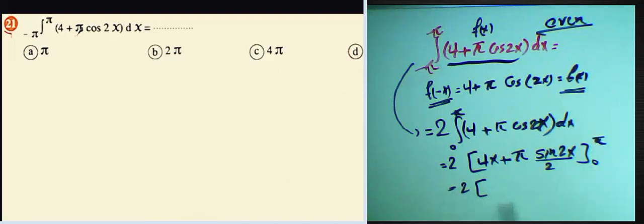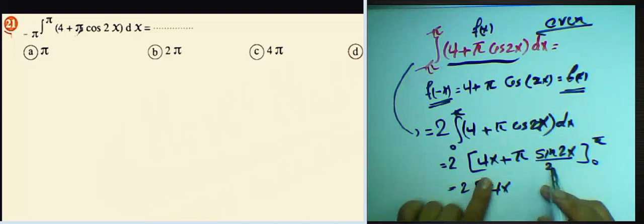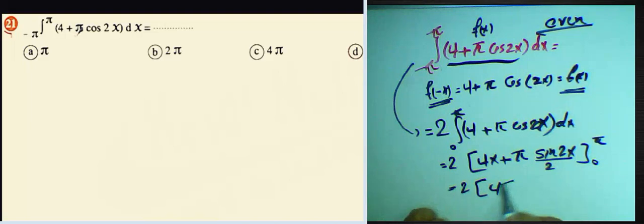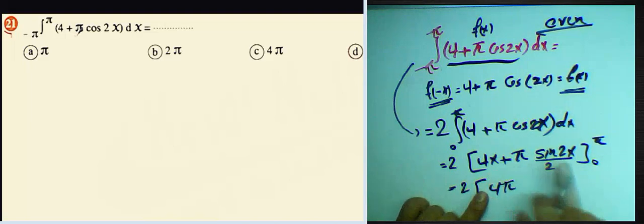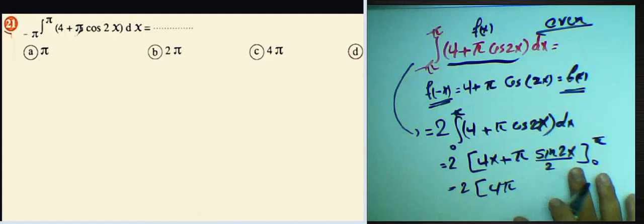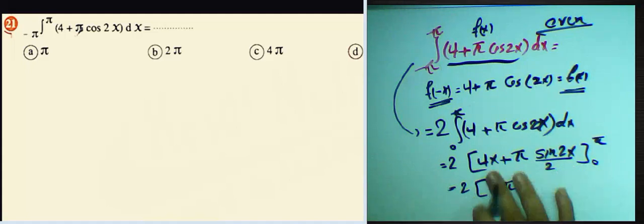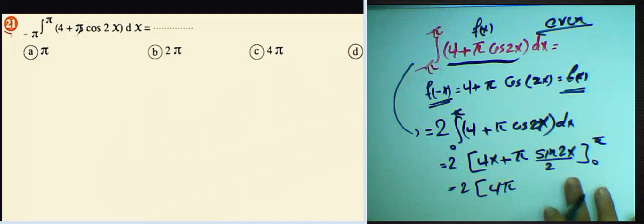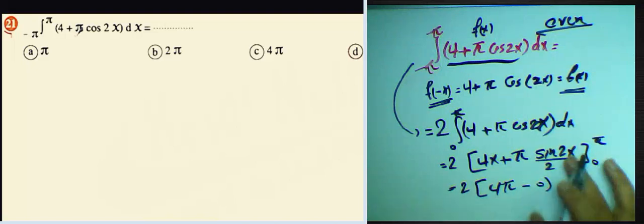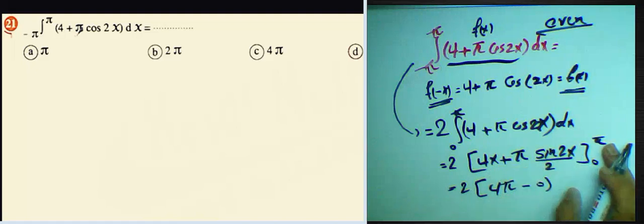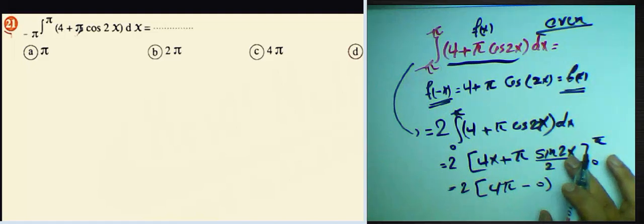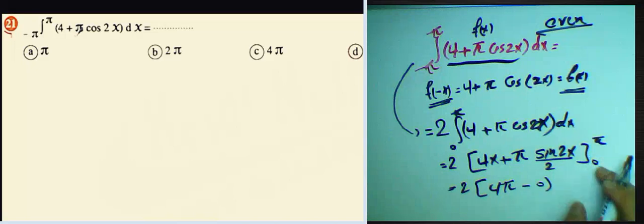Put pi here: 4 pi plus sine 2 pi over 2, and sine 2 pi equals 0. Put 0 here, and sine 0 equals 0. Understood? Again, write pi here, 4 pi plus sine of 2 pi equals 0, and the sine 0 equals 0. Then the result will be 8 pi.